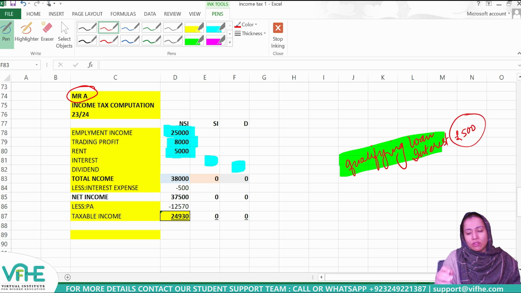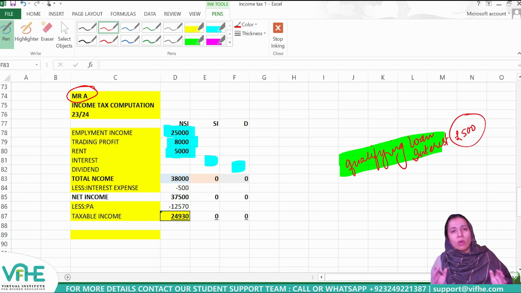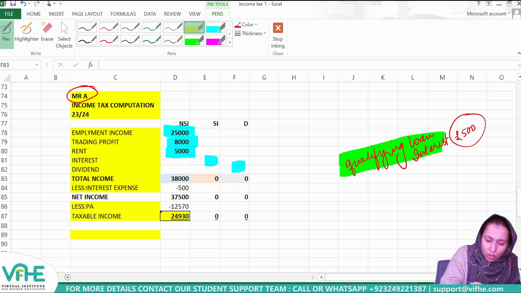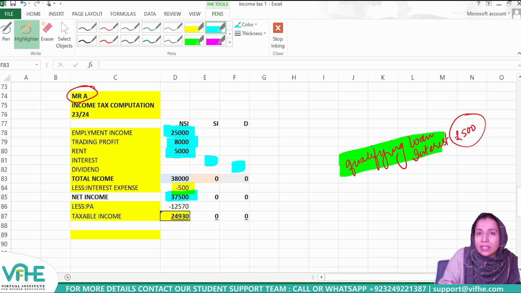Whenever interest is paid on qualifying loans, it is preferably deducted against the non-savings column. So £500 is going to be deducted against the total, and that's how we come to know what the net income is. For non-savings, the net income is now £37,500, against which we have to deduct the personal allowance.